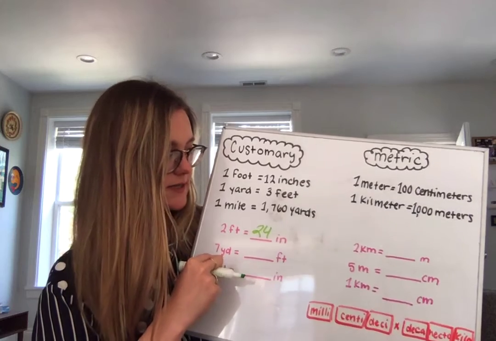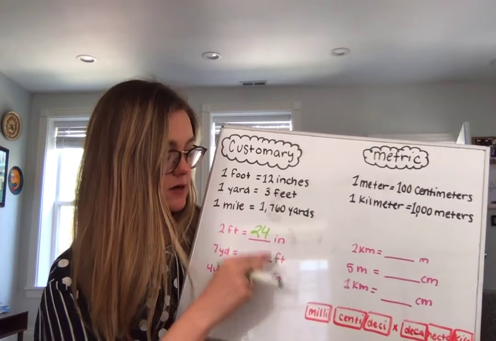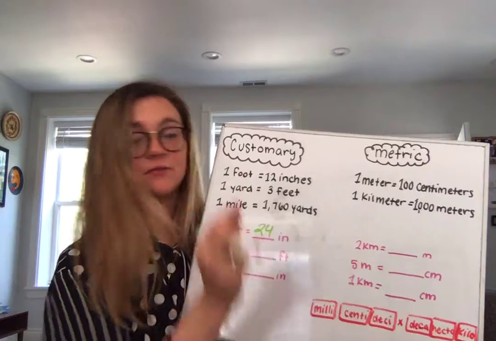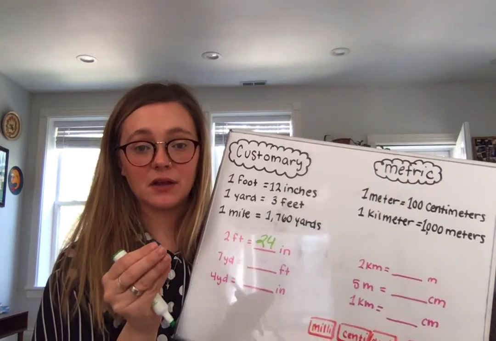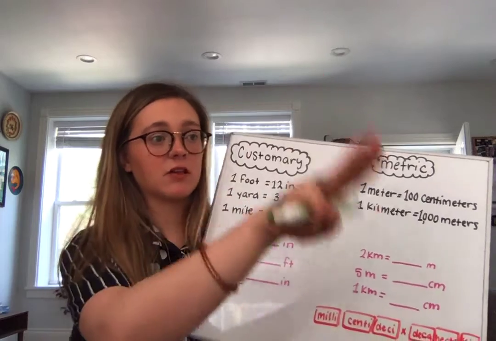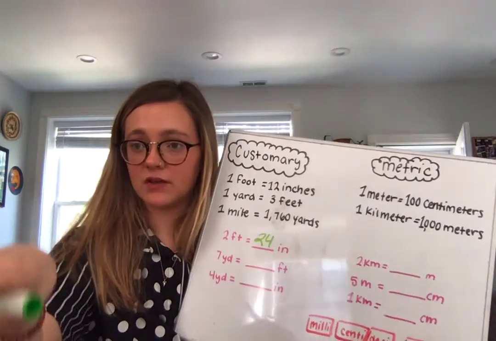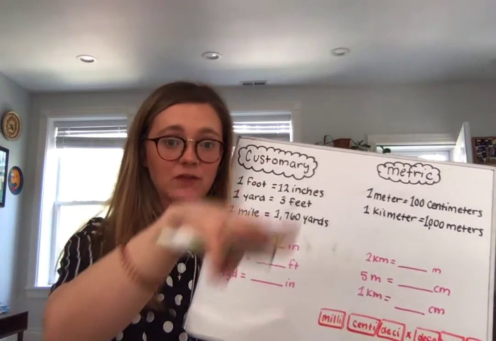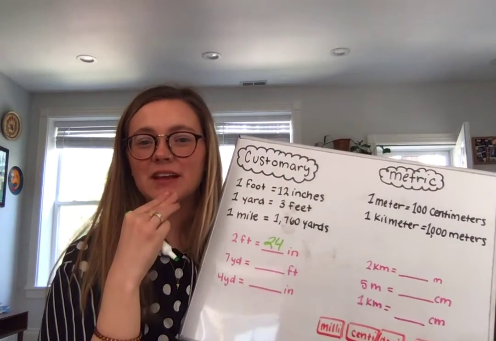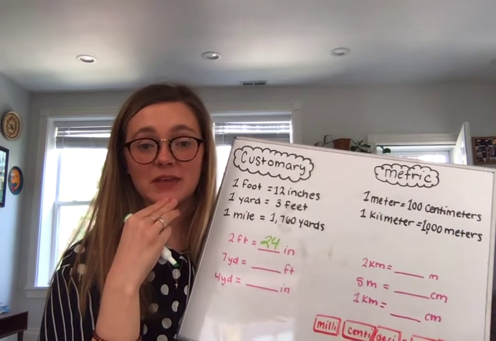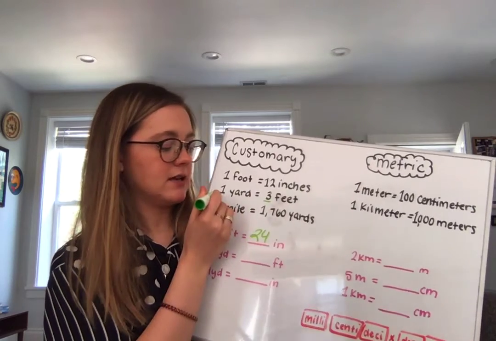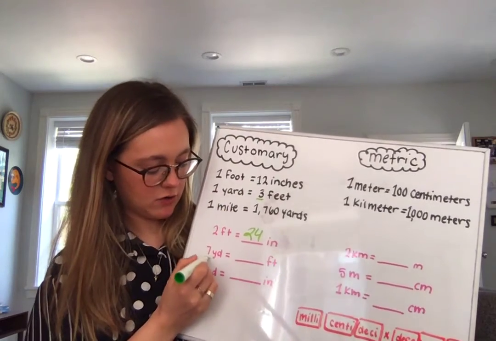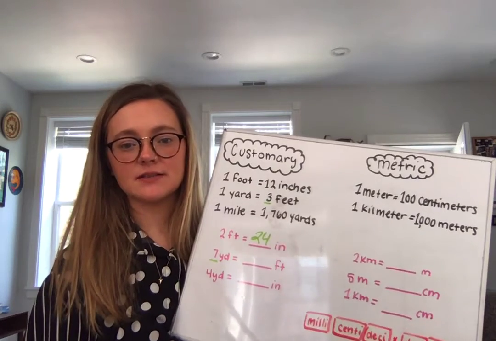7 yards is how many feet? Well, I know 1 yard is 3 feet. So if I want to know 7 yards, that's going to be 3 feet, 3 feet, and so on, seven times. Repeated addition is multiplication. So I'm going to do 3 feet, not by 1 yard, I want to know by 7 yards.